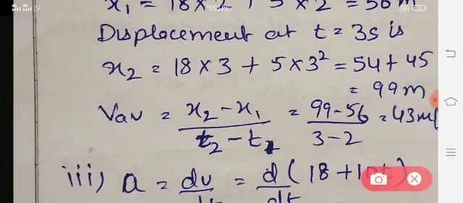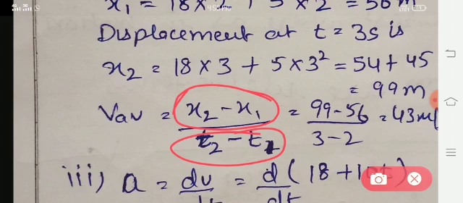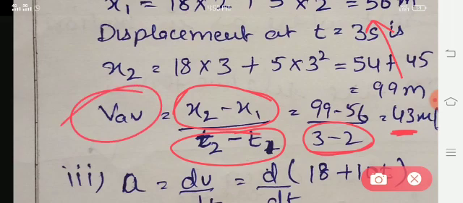Basically you need to find the change in displacement over the change in time. So you take the difference of these displacements and divide it by the difference in time. You will get V average to be 43 meters per second. So this was your V average between time instants 2 and 3 seconds.